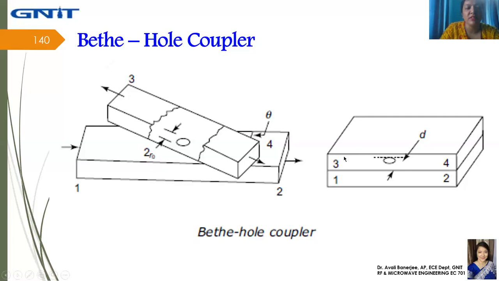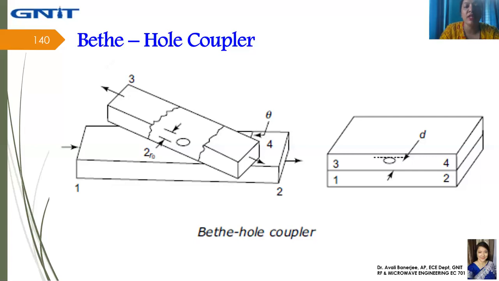Now, if the aperture is small compared to the wavelength, it can be considered as an electric dipole normal to the aperture with dipole moment proportional to the normal component of the electric field in the main guide at the aperture, plus a magnetic dipole in the plane of the aperture with dipole moment proportional to the tangential component of the exciting magnetic field at the aperture.